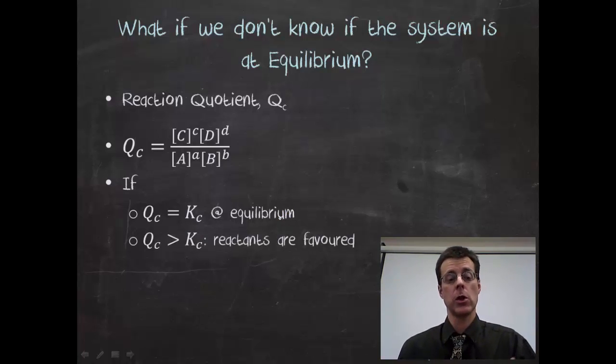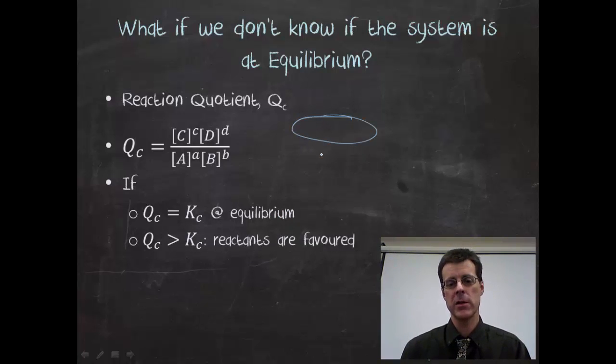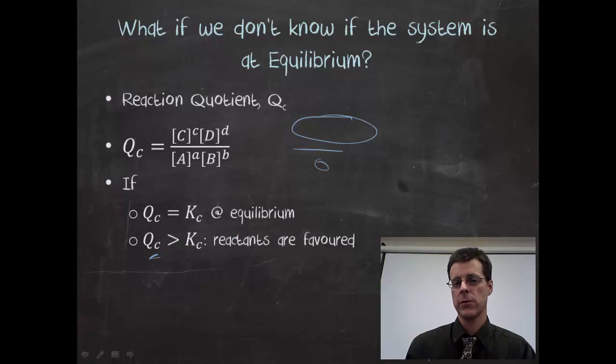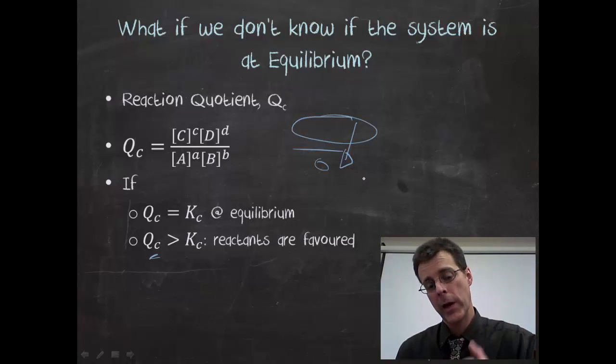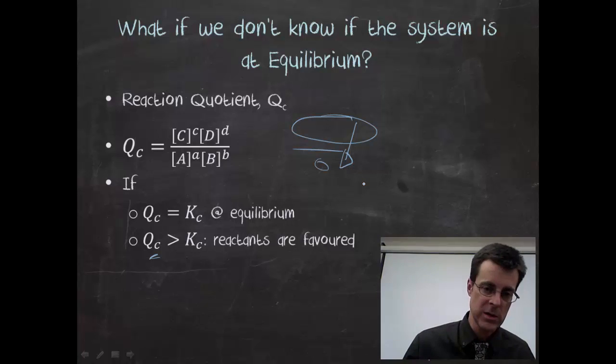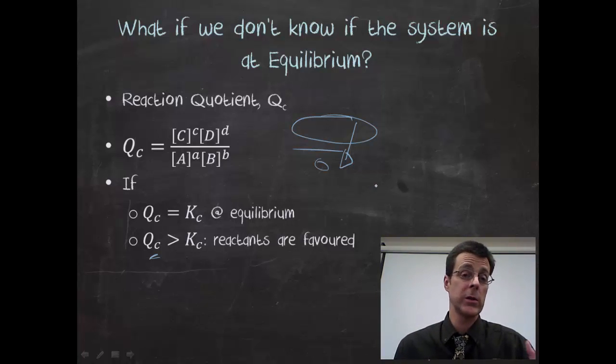If Q is larger, we already know what that means: a large number on the top and a smaller number on the bottom. If Q is larger than it should be, that means I've got more products than I'm supposed to have, so products have to convert to reactants. That means the reactants are going to be favored, and in order to reach equilibrium it pushes toward the reactants.